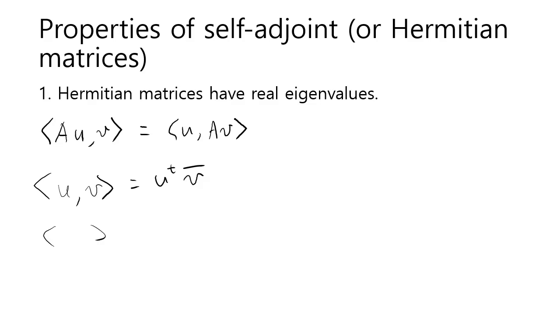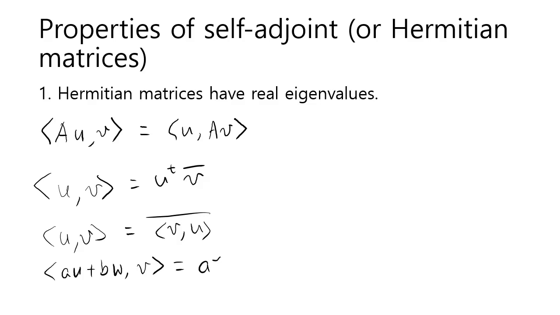Actually, an inner product is anything that satisfies conjugate symmetry. So if you exchange U and V, this is true. Also it has to be linear in the first one. So if you had (aU + bW, V), that's the same as a(U, V) plus b(W, V).